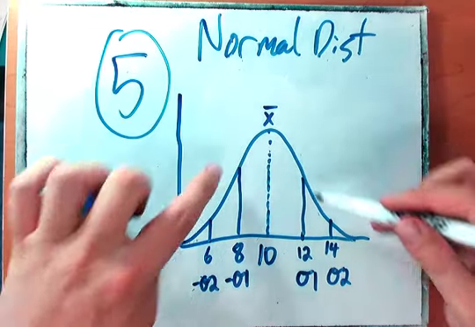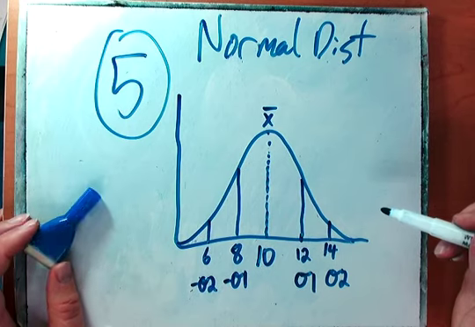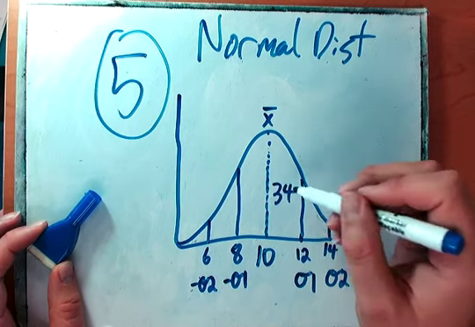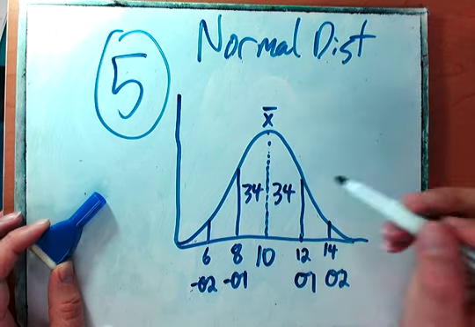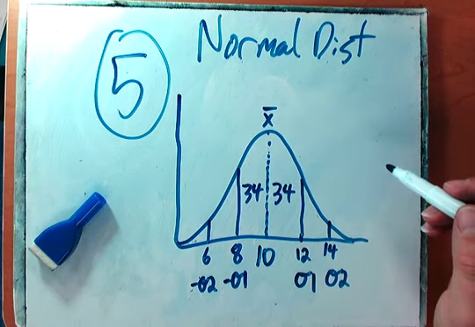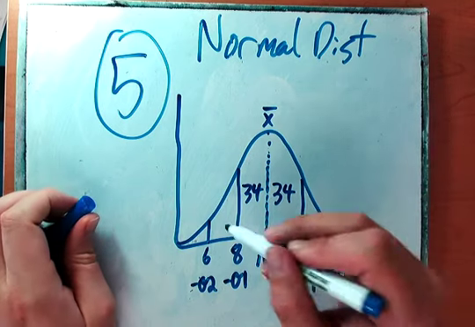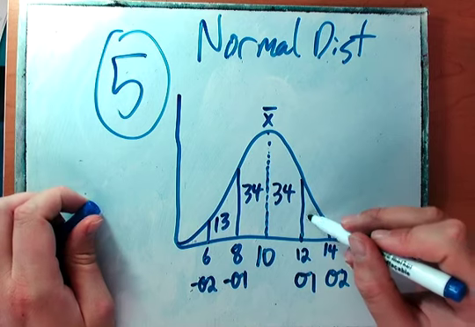This is now us calculating those out. And just for reference, this is 34% of people. This is 34% of people. And then 68 to 95 is 27, so this is about 13% of people.